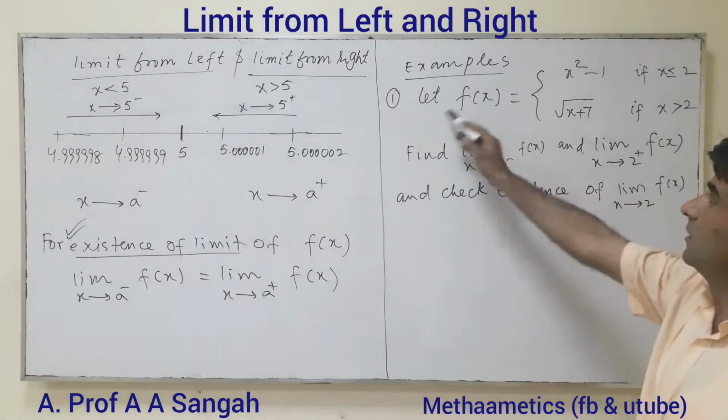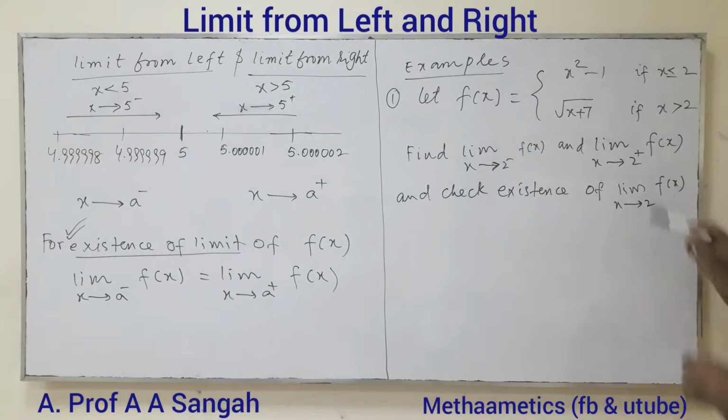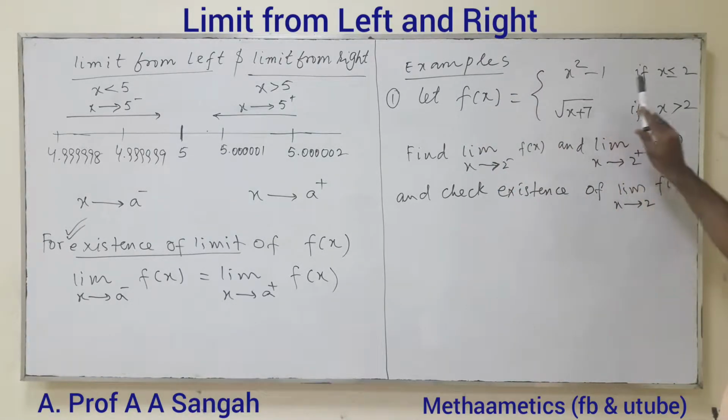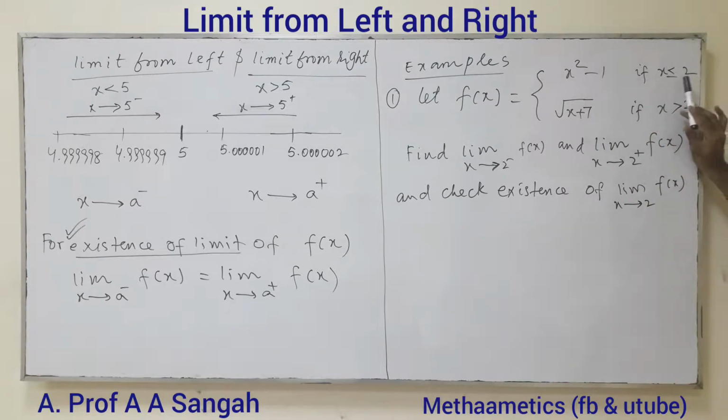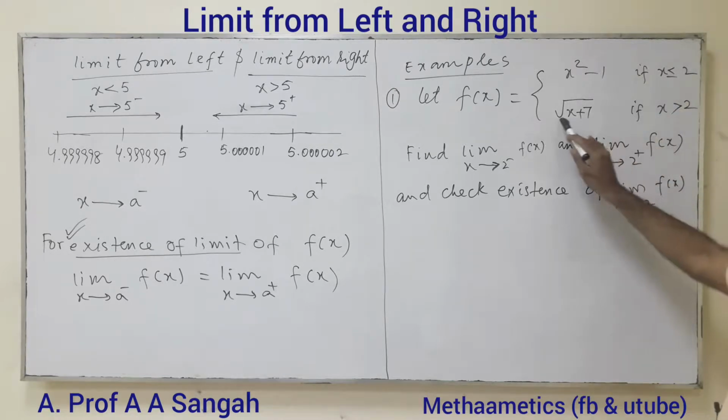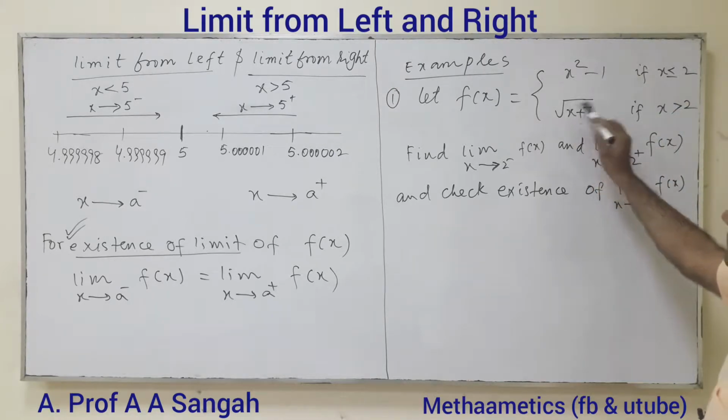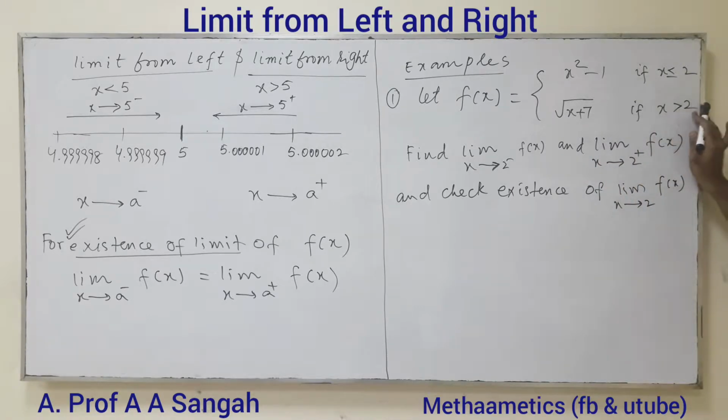Example 1, let f of x equal to x square minus 1 if x is less than or equal to 2. Here x approaches 2 from the left hand side, because x is less than 2.